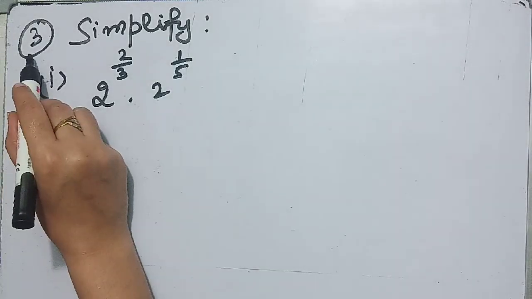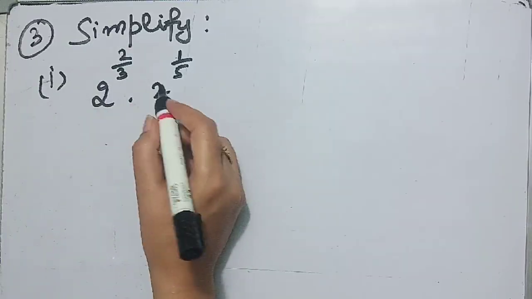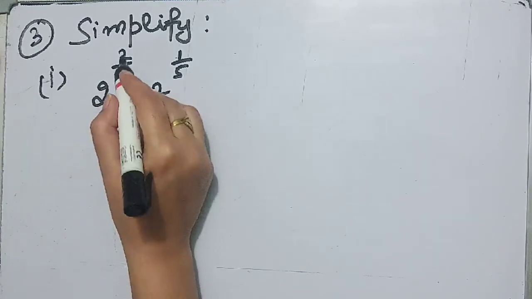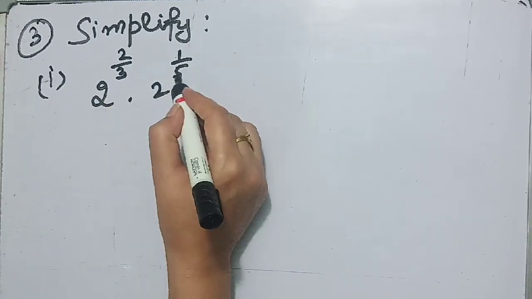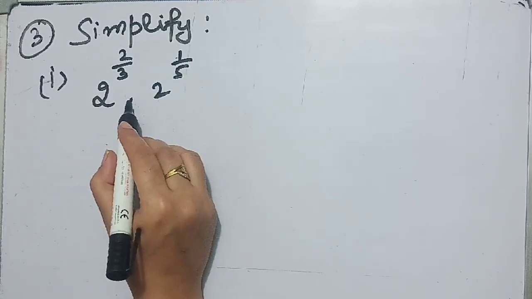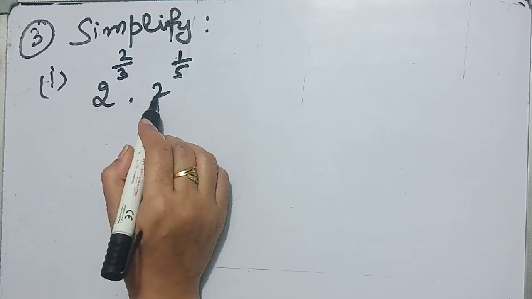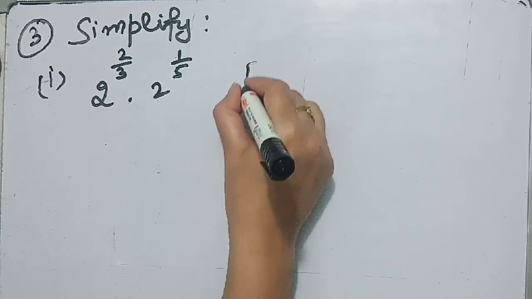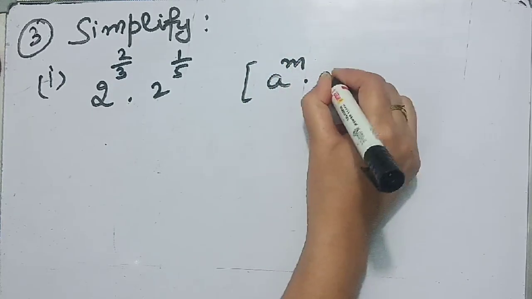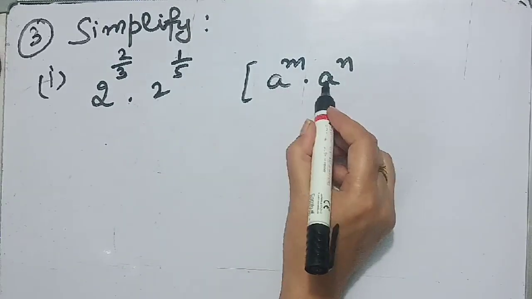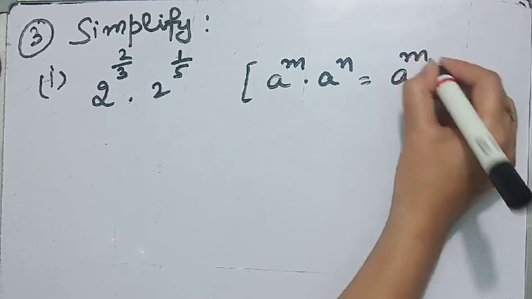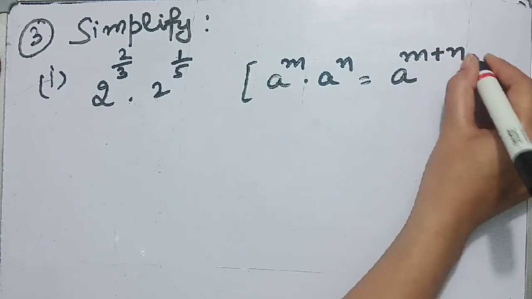Now the third question is simplify. In this question we will learn more identities. First part is 2 power 2/3 into 2 power 1/5. The dot means multiply. When the sign is multiply and the bases are the same, then the powers are added. A power m into a power n: bases are the same, powers are different, and the sign is multiply, so the base will be the same and the powers will be added.